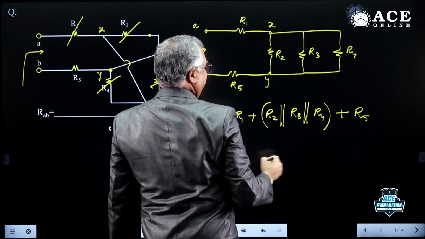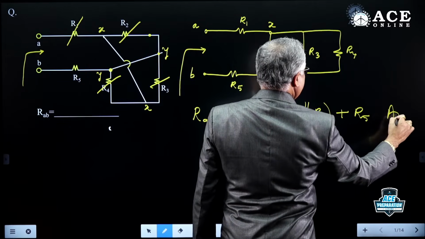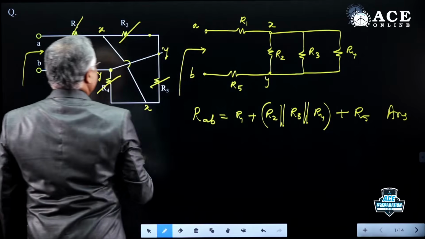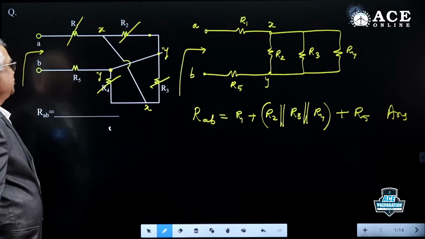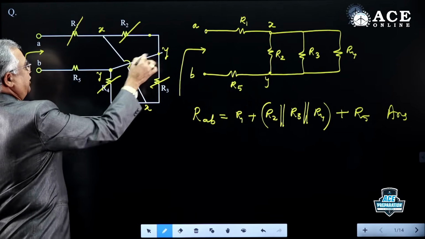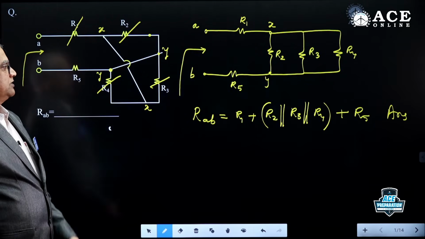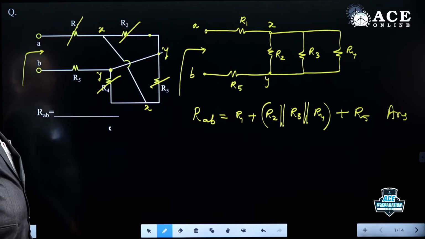If numericals are given, we can find out the answer. So the specialty of this problem is, if there is any confusion, by introducing variables like this and by redrawing, you can easily simplify RAB.